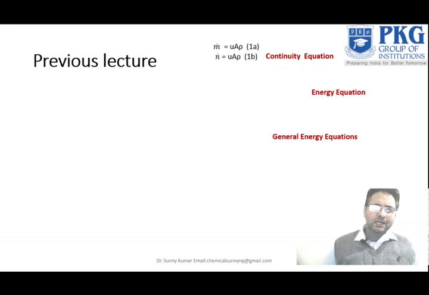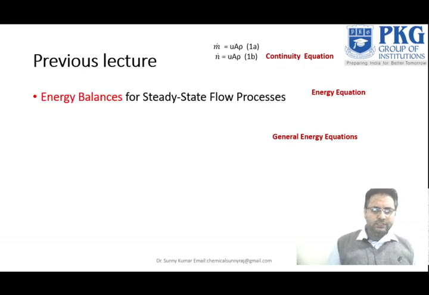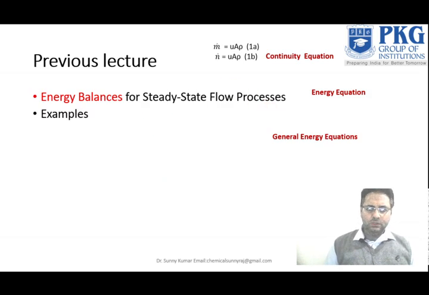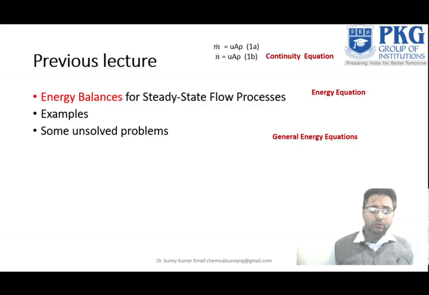In a previous lecture, we discussed the energy balance for steady state flow process and related examples of it. We also did the mass balance for steady state and unsteady state, discussed examples of mass balance, and solved some unsolved problems related to these balances.